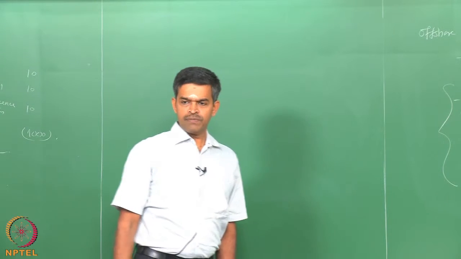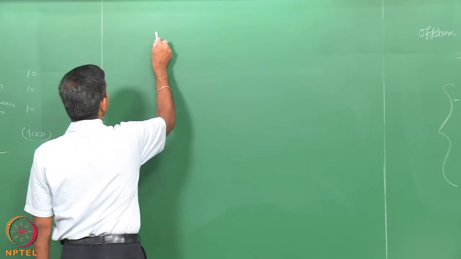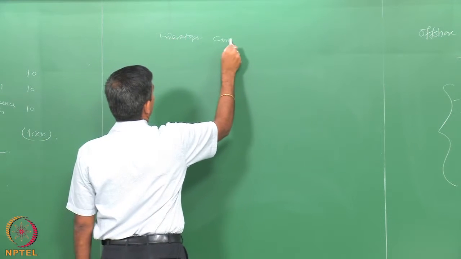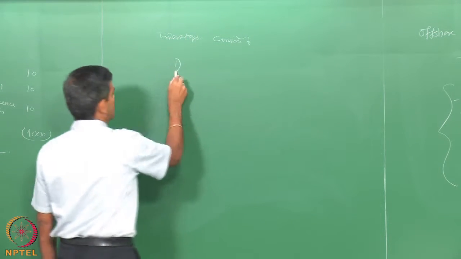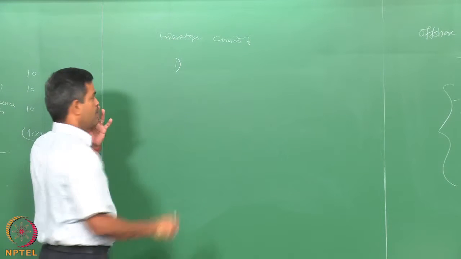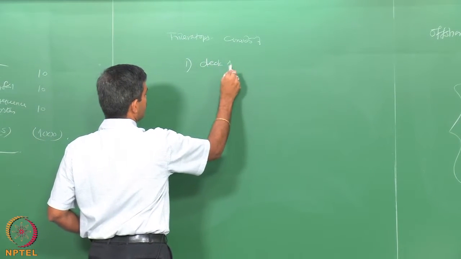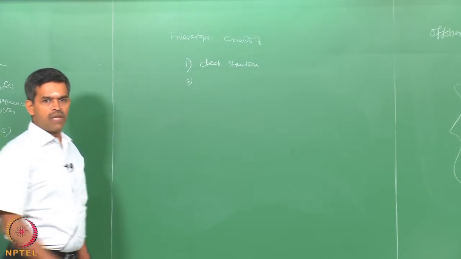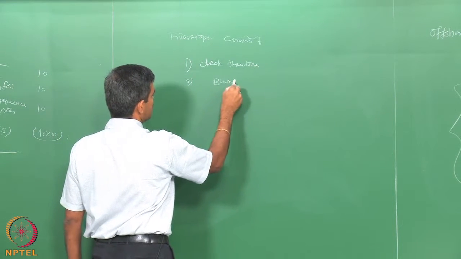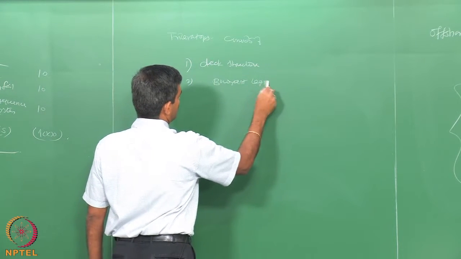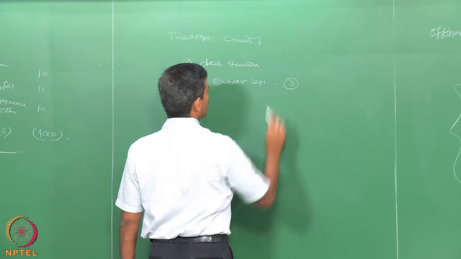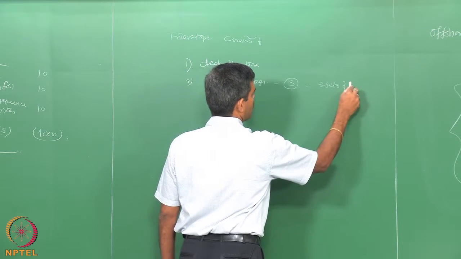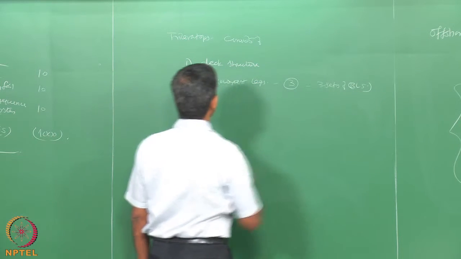The vital components present in a Triceratops consist of, let us see, starting from the top, a deck structure, it will have buoyant legs, usually 3 in number, or let us say 3 sets of buoyant leg structures, BLS.